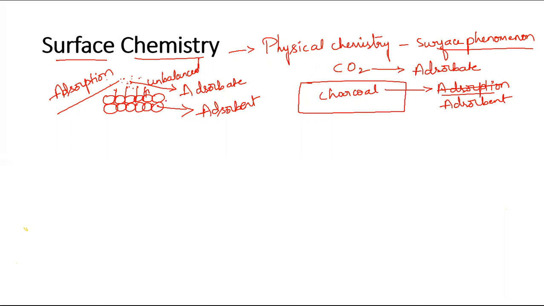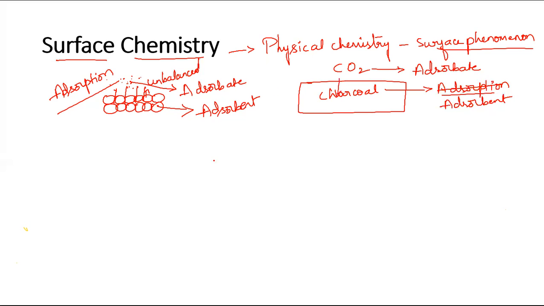Adsorption is a surface phenomenon, and the concentration of adsorbate is high on the surface of the substance. The concentration of the adsorbate will always be higher on the surface than in the bulk. Only on the surface does it adsorb, not in the core.